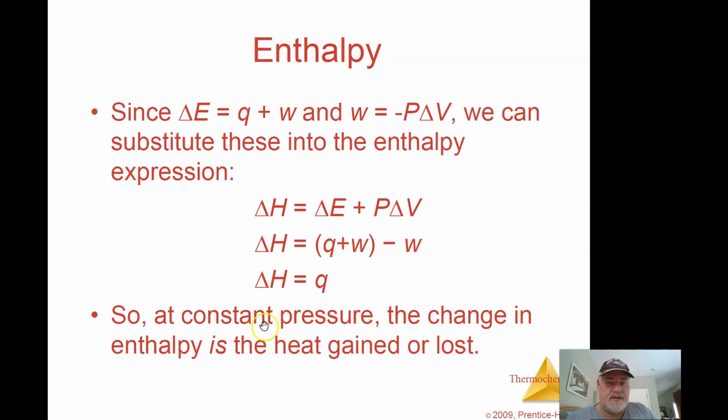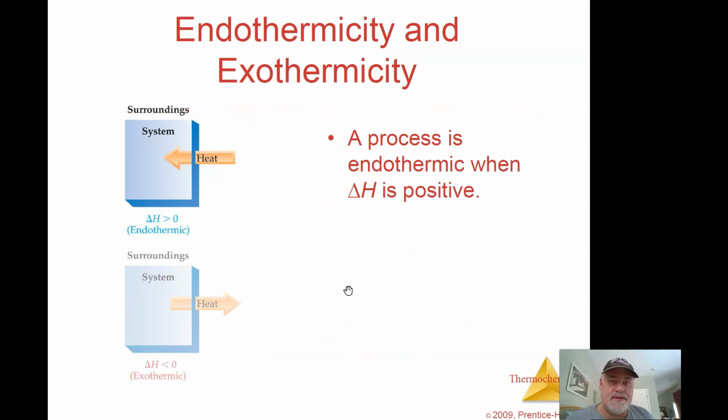So that works. And if you're at these constant conditions, we can use those interchangeably, and that's why we'll talk about delta H as being Q, but it's not exactly the same thing, because you had to do some derivation there in certain circumstances.